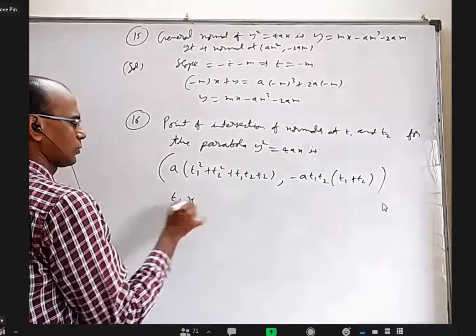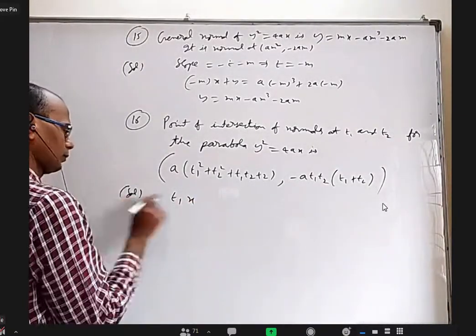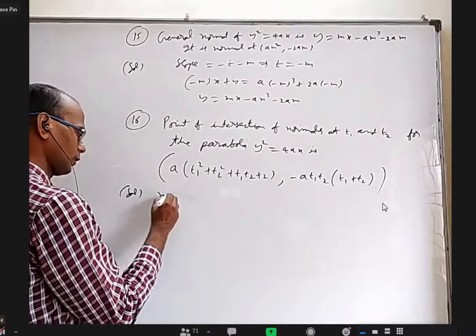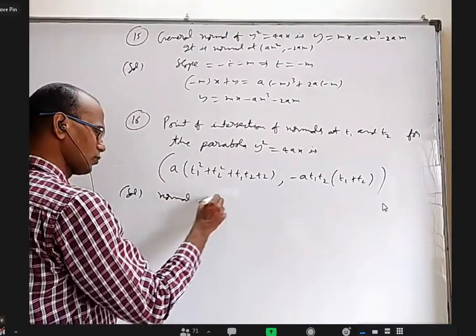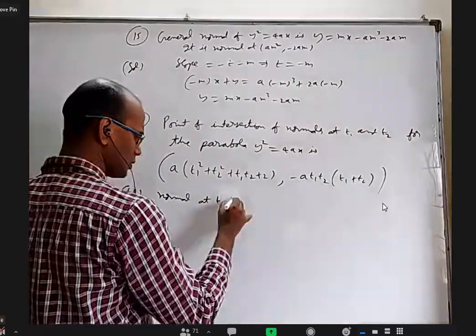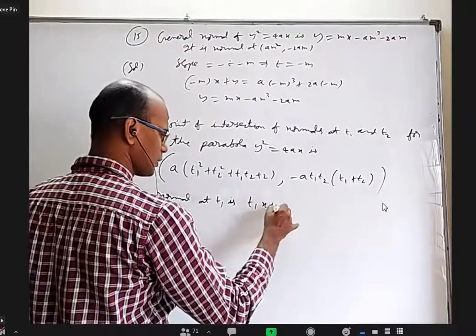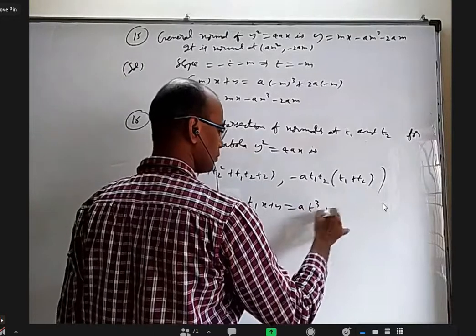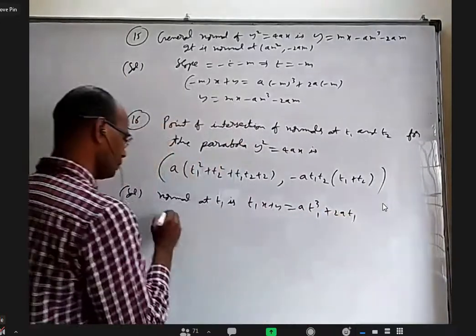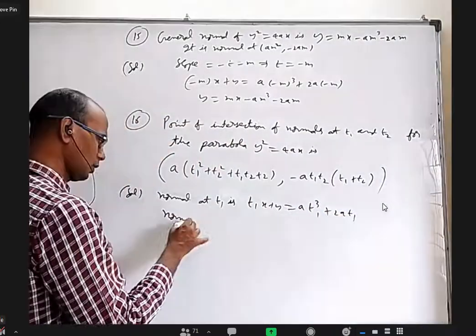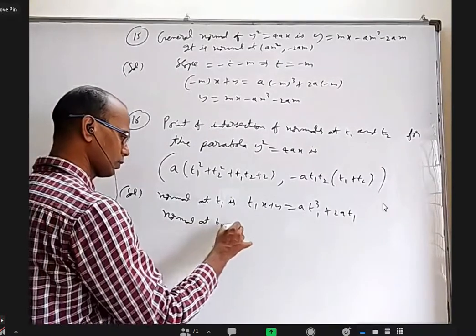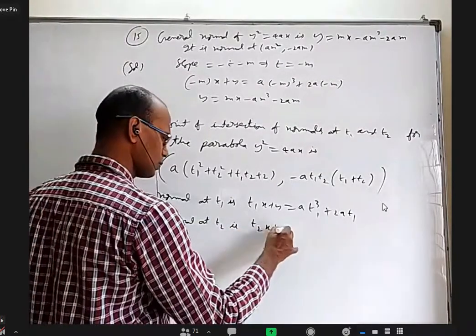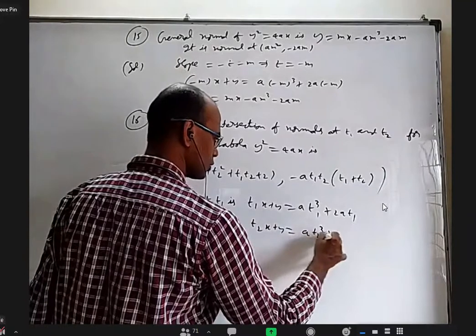Just write what the normal is. Normal at t1 is t1x + y = at1³ + 2at1. And normal at t2 is t2x + y = at2³ + 2at2.